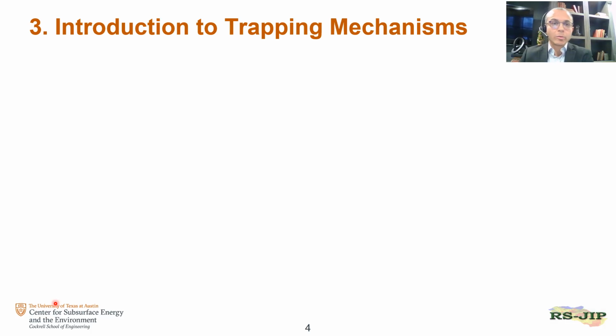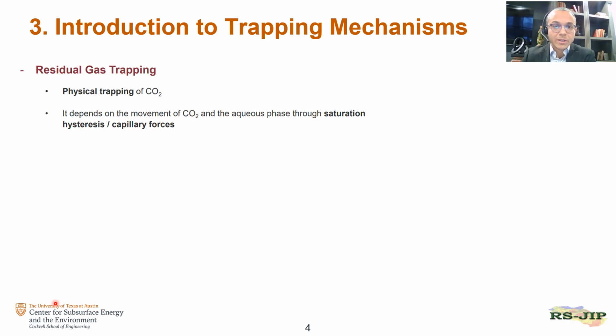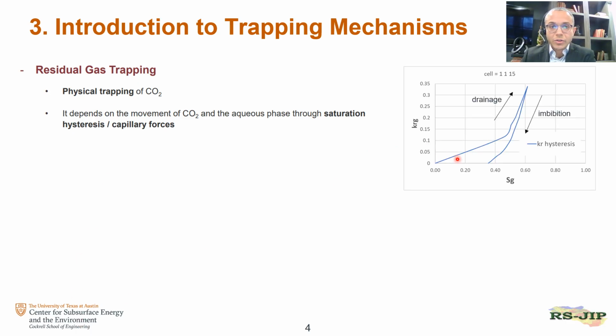In this study, we will be concerned with three main mechanisms of CO2 trapping in porous media. The first one is related to the residual gas trapping due to the relative permeability, hysteresis, and capillarity. This graph shows how the relative permeability for CO2 behaves as the CO2 saturation varies. CO2 initially follows the input gas relative permeability drainage curve, increasing its saturation in the porous media.